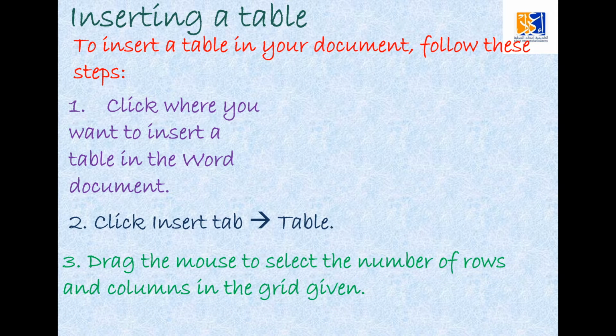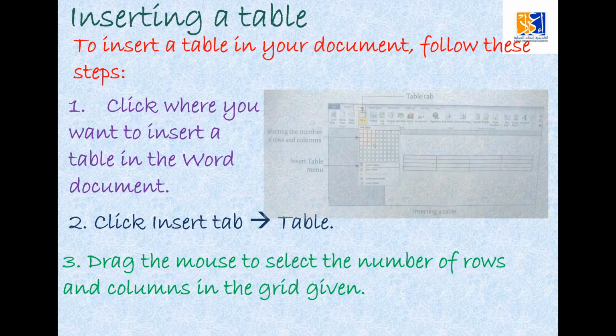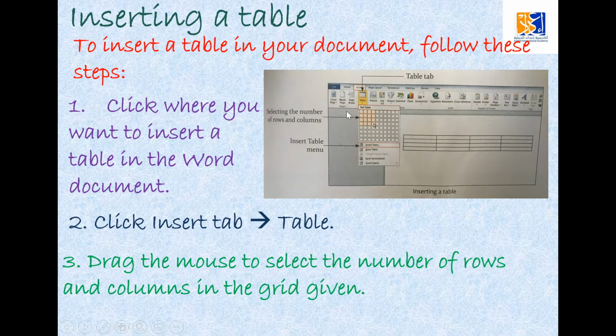Next, drag the mouse to select the number of rows and columns in the grid given. This is the picture over here. Now, we have home, insert, page layout over here. Second tab is insert. Click on the insert tab, and then we have a table tab over there. Click on table and choose the number of rows and columns you want.